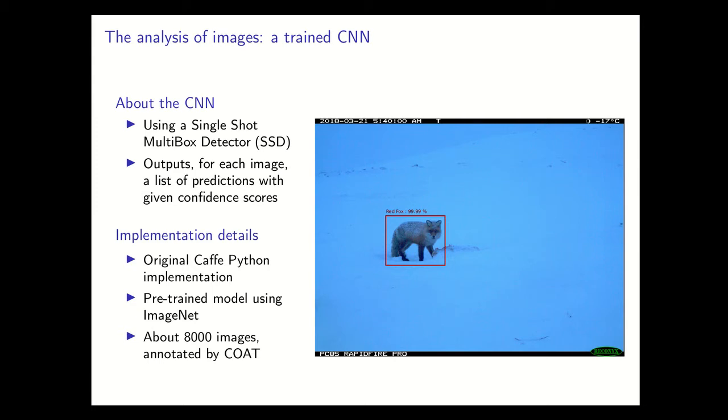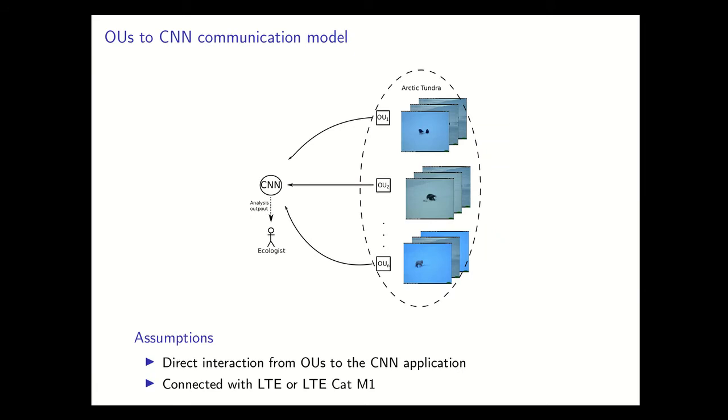And here is the model of communication that we have for these OUs. So here we are in the Arctic tundra for the N-1 OUs that we have here. They all generate some pictures. The assumption that we take here is that each OU can communicate with the machine that is running the CNN.